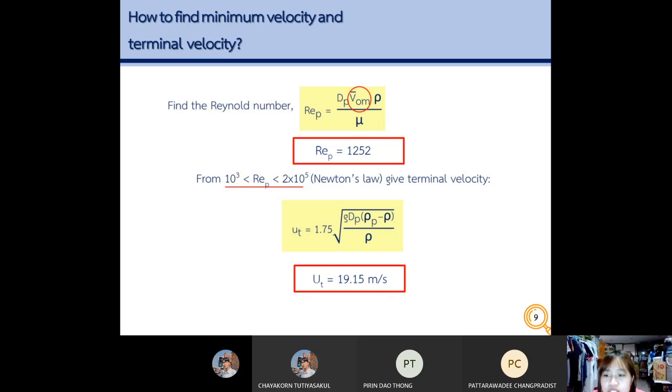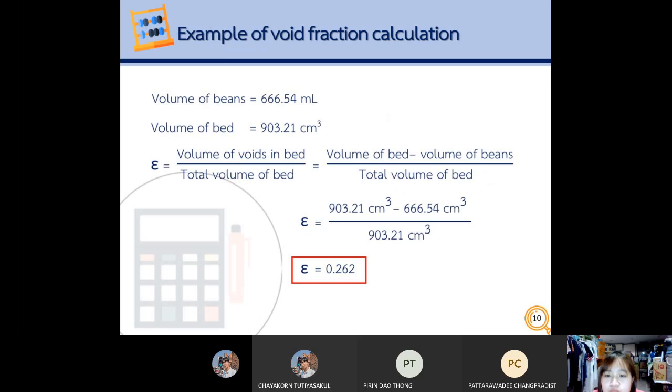After selecting the equation to calculate the terminal velocity, we got the terminal velocity at 19.15 meters per second. We can calculate void fraction from this equation, and we got the value of void fraction that is 0.262.